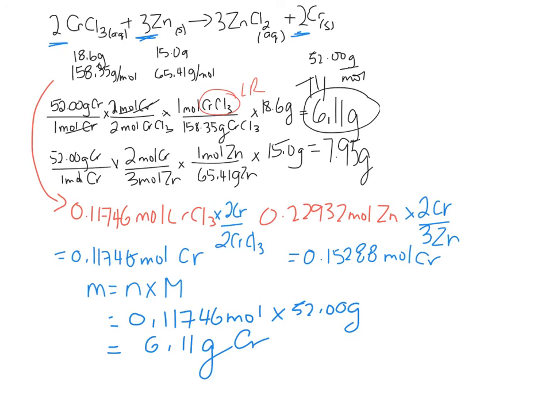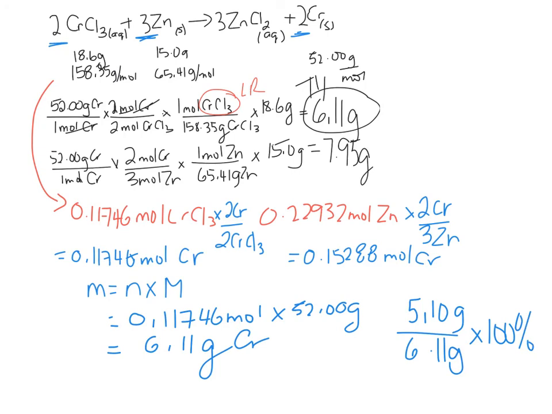Did you get the same number, 6.11? Okay. How do you do percent yield then? What numbers do we need? So now we take 5.10 divided by 6.11 grams, our theoretical yield, times 100.